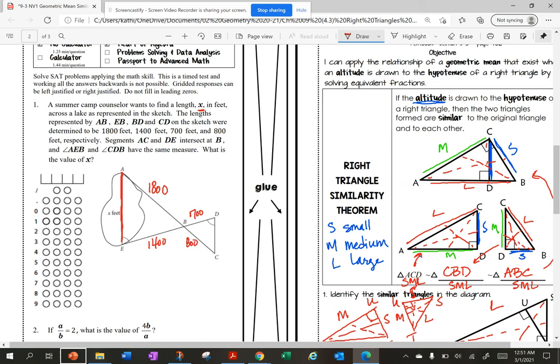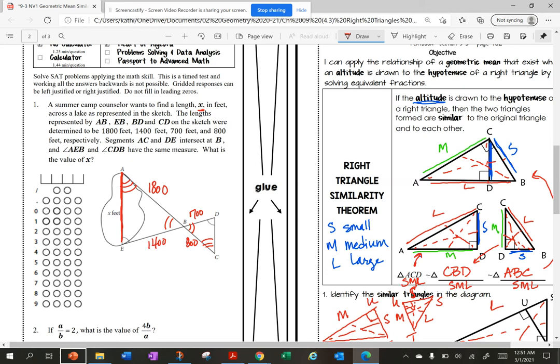Okay, so understanding the triangles. I'm going to set up some proportions here. I've been given that these two angles are congruent, so these two angles must be congruent. When I set up some ratios here, I'm going to set up x over 800.